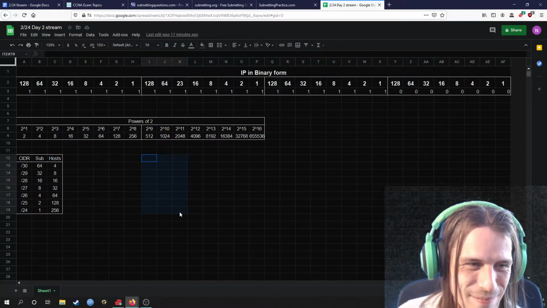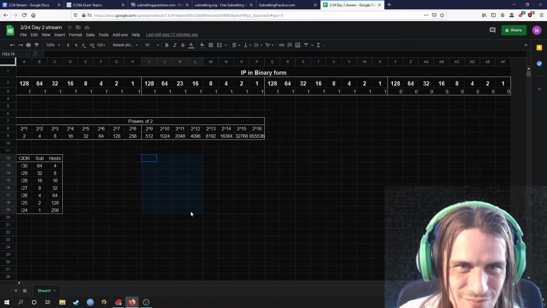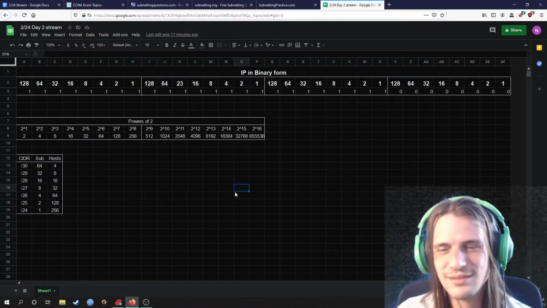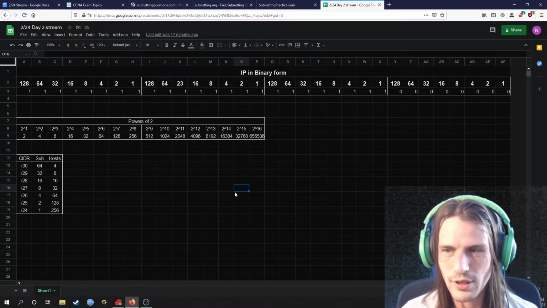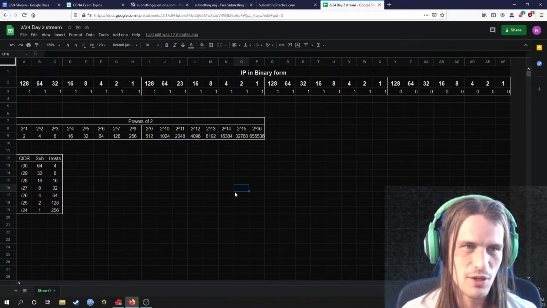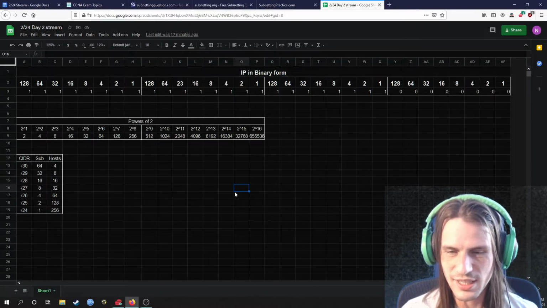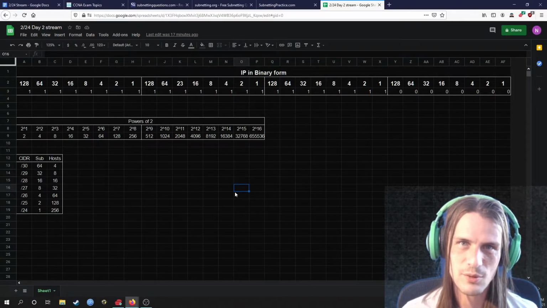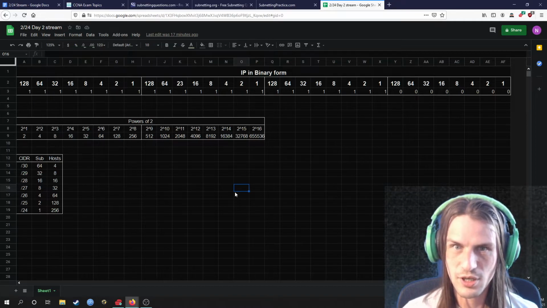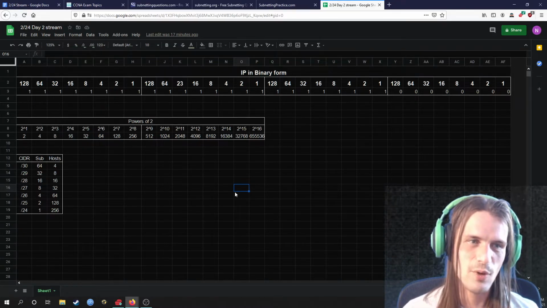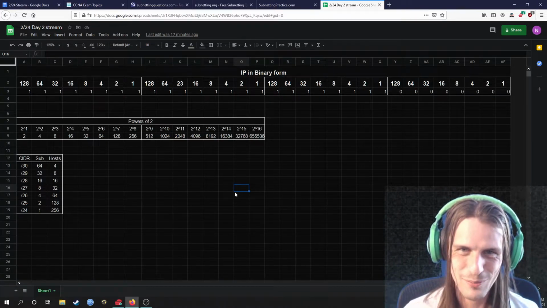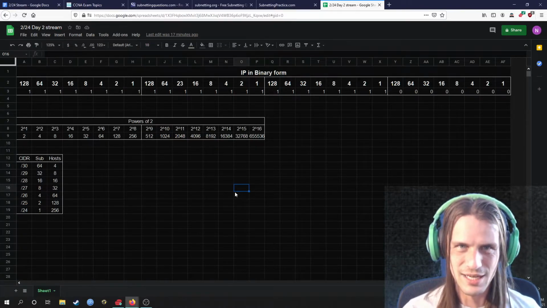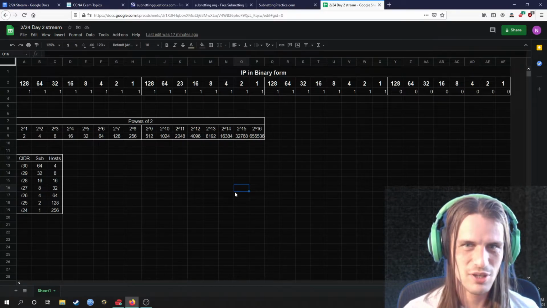Because it's great, you need to be able to know the fundamentals behind this stuff. You need to be able to know how you manipulate this stuff. But let's be real. When you're at your job, you're going to be using all kinds of different systems to help you do this. You're going to have a calculator at the very least, but more often than not, you're going to have actual applications that do a lot of this manipulation for you.